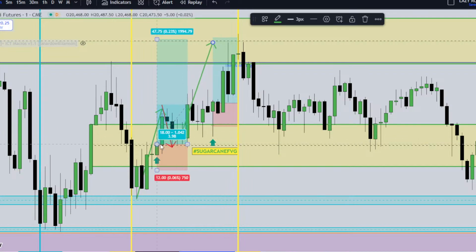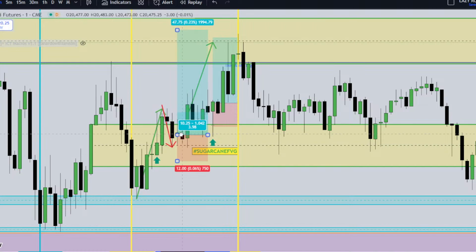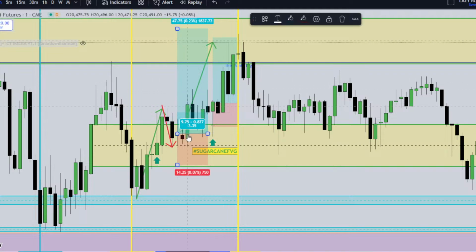take this long trade right here. Stop loss at the bottom, right? Or you want to do it stop loss a little bit below the middle, like here, right? But I would just put it at the bottom. And then what am I aiming for?